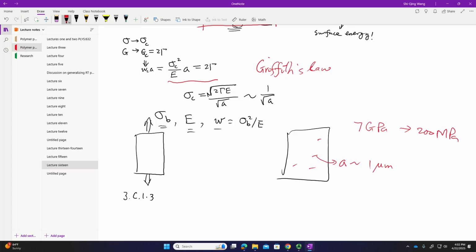If we ever get to my explanation of it, but this is just for your information. Whenever we have a flaw, we tend to use a star superscript to indicate it was not my intentional notch or crack. It was just inherently in the system. So we call it size A star.